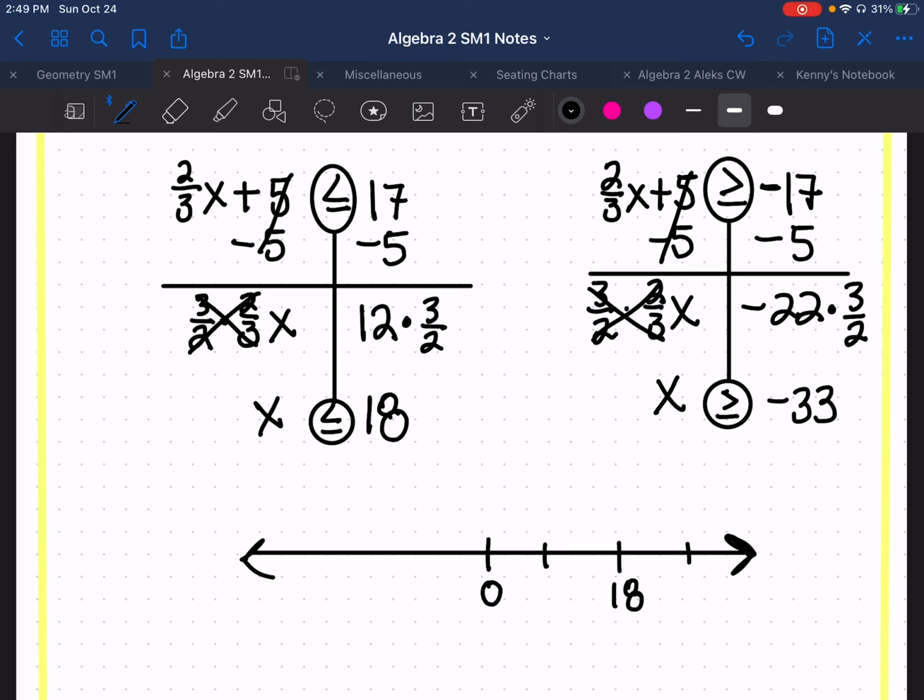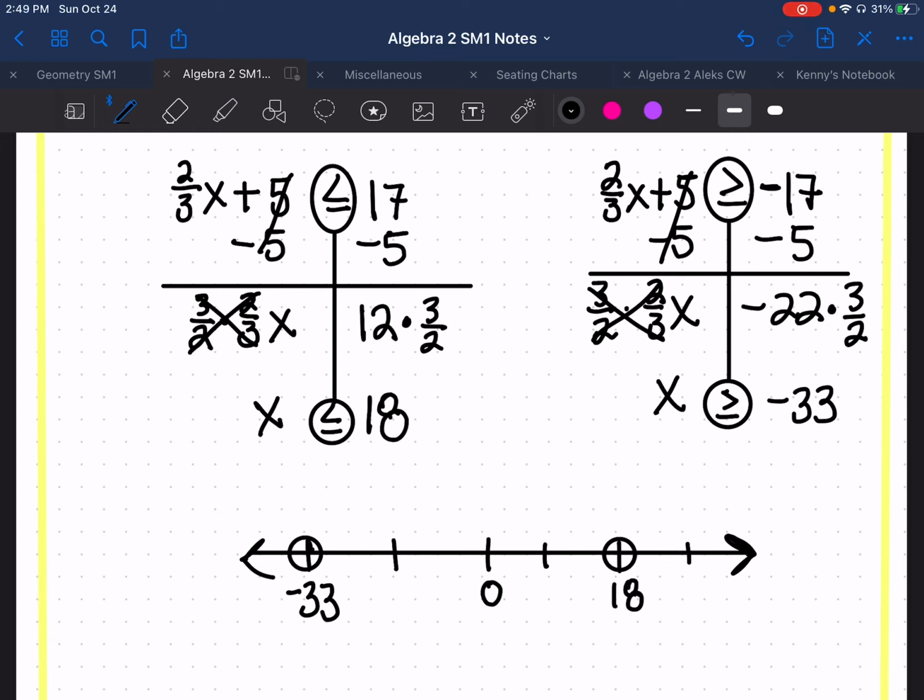You're going to have multiple choice. Oh no, you're going to just graph for me. I thought it was a Schoology assignment, but it's not. I'm sorry. And then the same thing over here. You could put the negative 33 and a reference point or maybe 2 if you wanted to. Let's put our circles at 18 and negative 33.